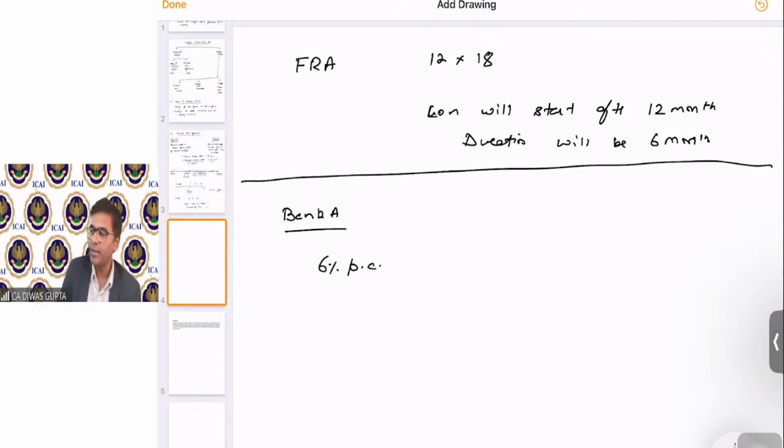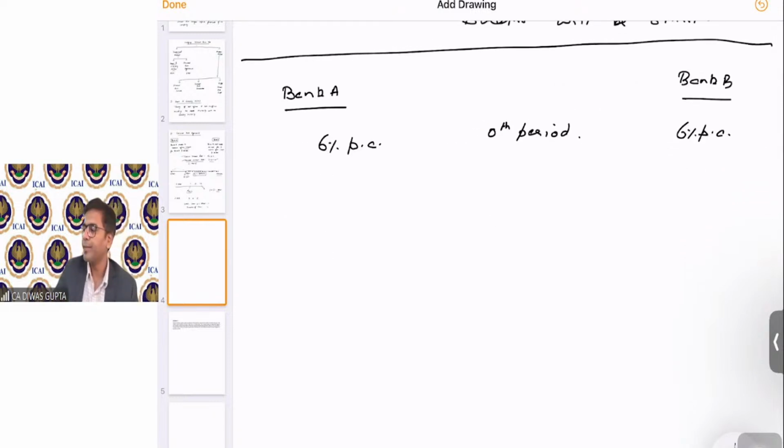This is the commitment. From Bank B, what is the commitment? Bank B has committed to lend rupees 1 lakh after 1 month for 3 months at the rate of 6% per annum. This is agreed on 0th period, which is today.